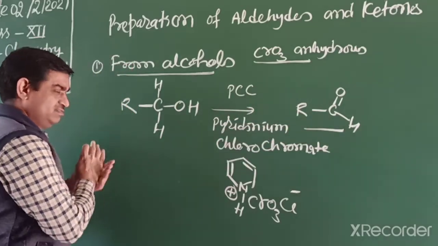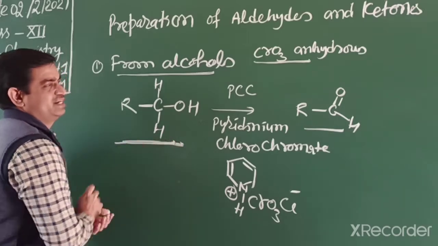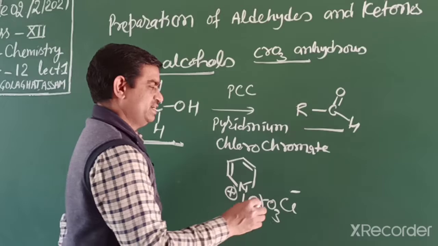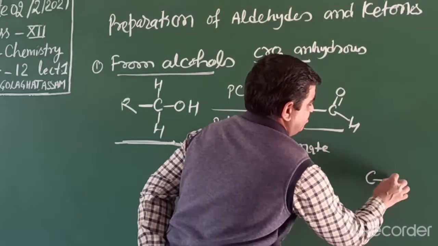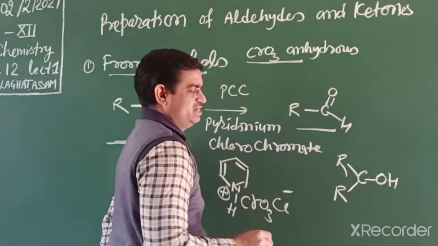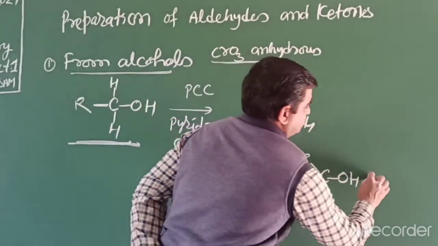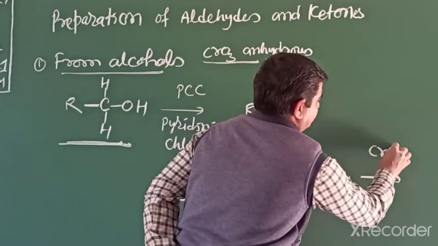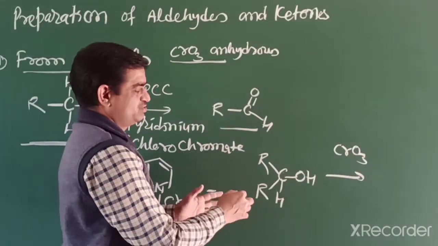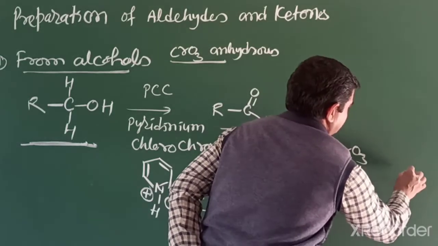If we take a secondary alcohol, then what happens? From secondary alcohol, the product is obtained by CrO3, chromium trioxide, chromic anhydride. By oxidation, they change into ketones.